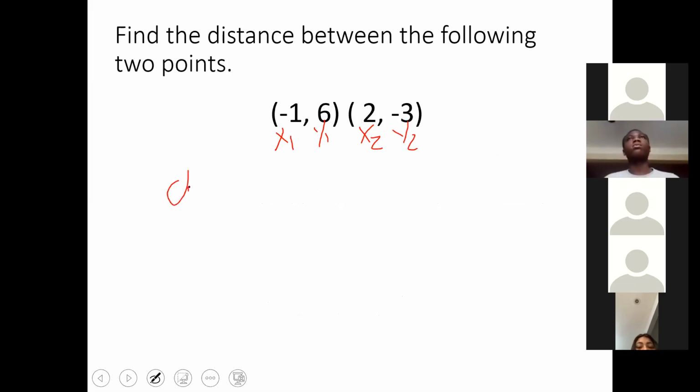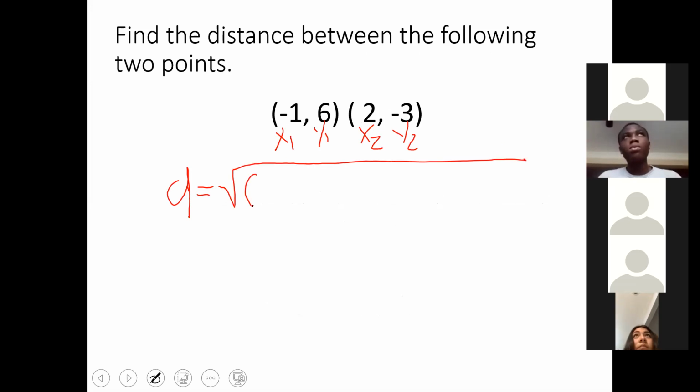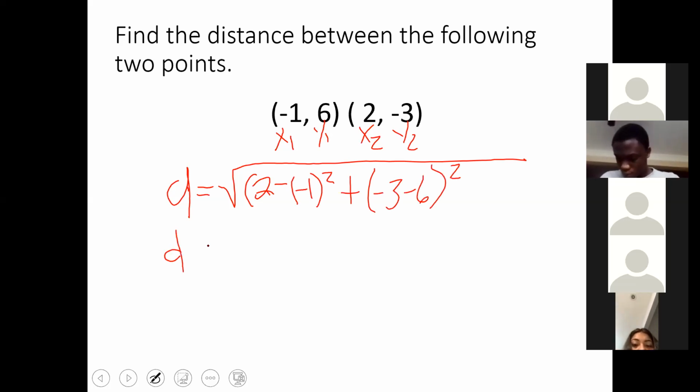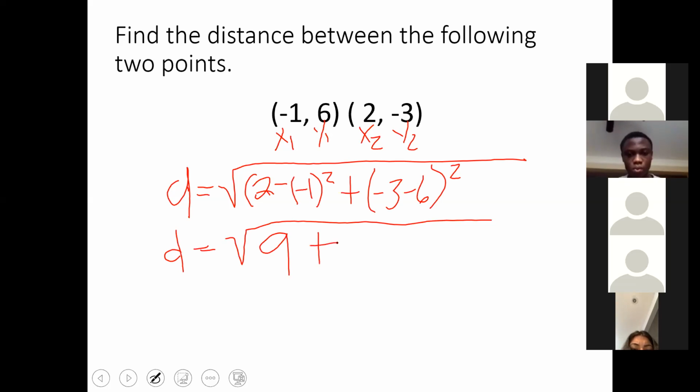And then we just say our distance will be equal to the square root of x2 minus x1, that is -2 minus 1, squared, plus y2 minus y1, that is -3 minus 6, squared. So D is equal to -2 minus 1, which is -3, squared is 9. 9 plus -3 minus 6, which is -9, squared is 81.